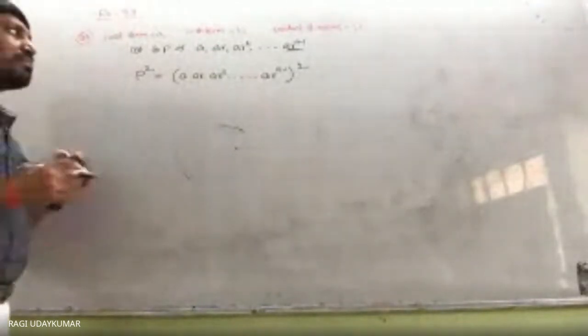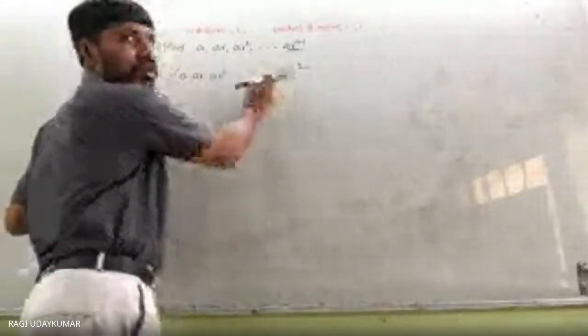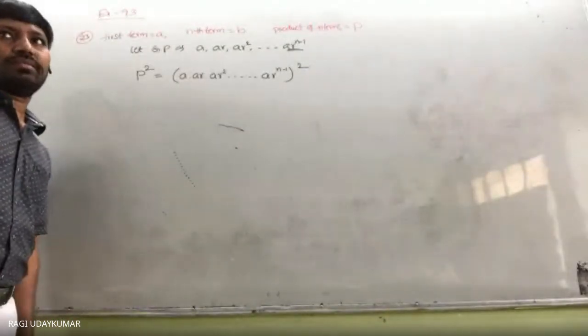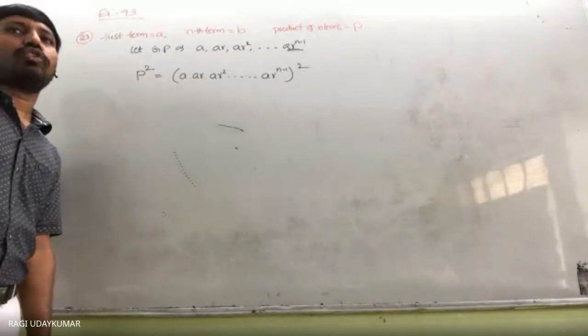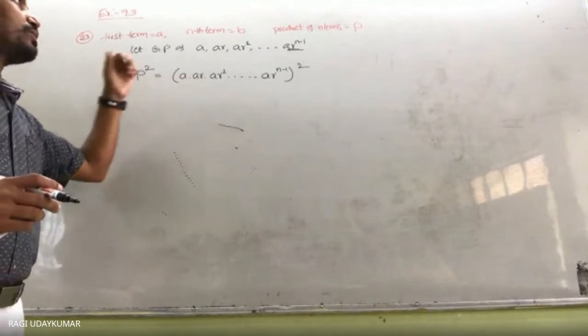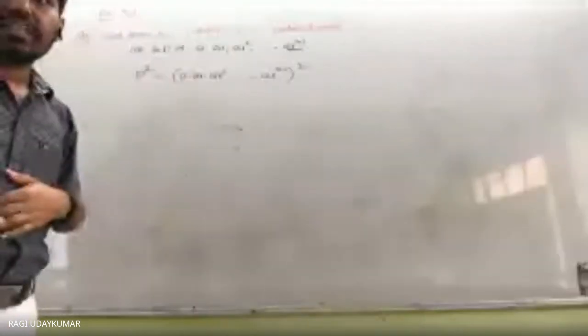AR to the power of n minus 1 is equal to B. Now in the question it is asking (AB) whole power n. A into B power n. What to do? P square is given to you. Nth term only given to you, A and B, and P is the product of the n terms.